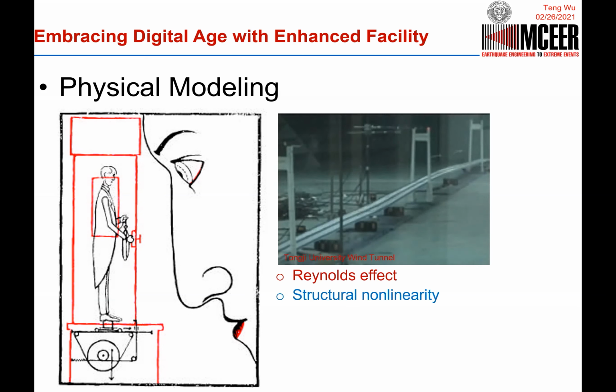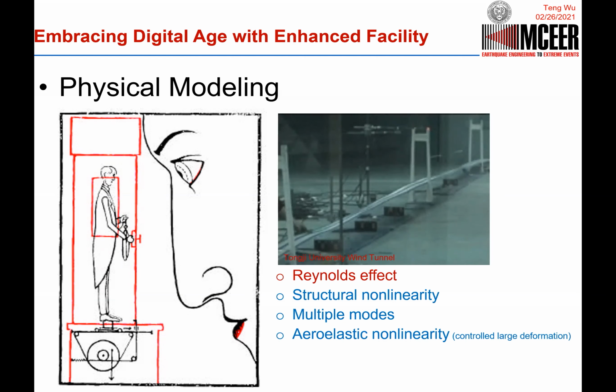For example, structural nonlinearity, because the model in the wind tunnel is usually very small, we cannot capture the structural nonlinearity. We even cannot capture the multiple modes for this bridge. And also, we cannot capture the aeroelastic nonlinearity. So if the response is too large, we want to mitigate it, so we want to do aerodynamic modification to modify the structure shape.